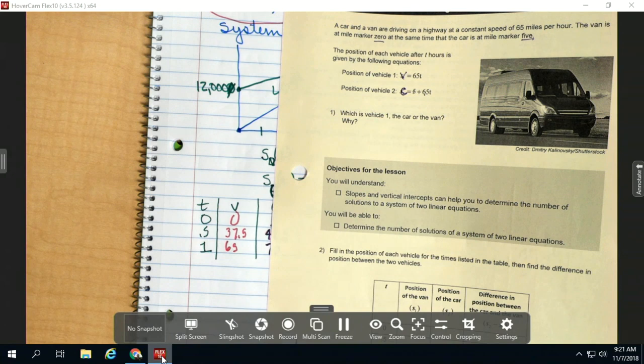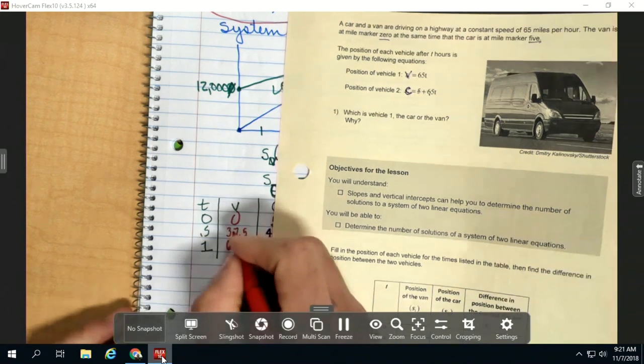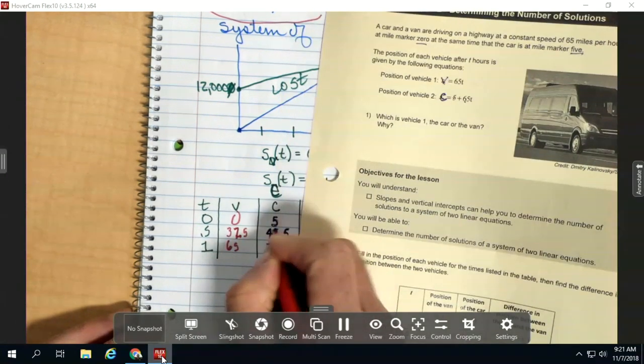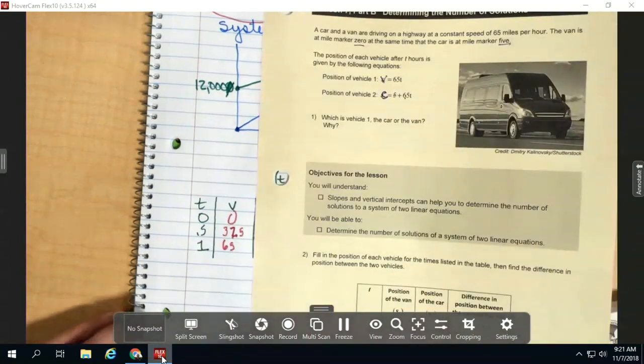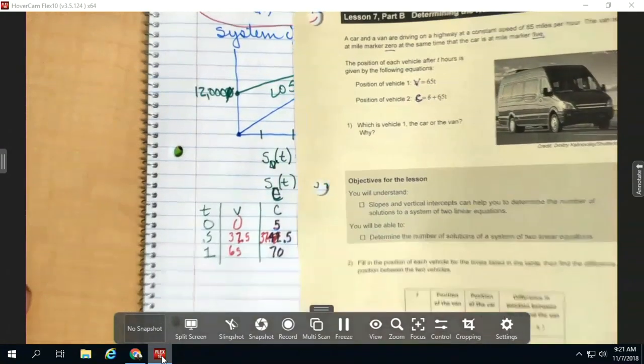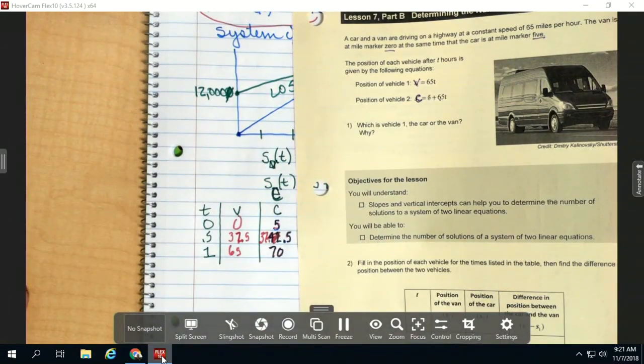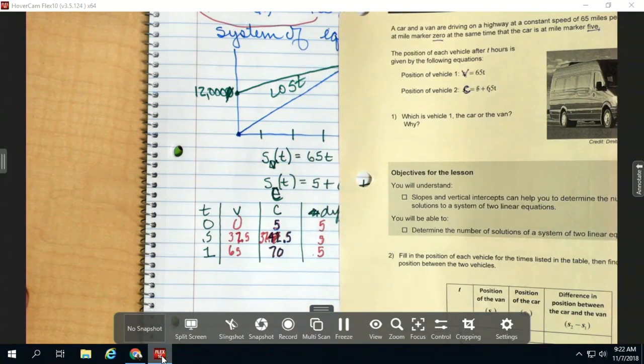That is supposed to be a 2. So this should be 37.5. Okay. 0, 32.5, 65. What did you get for the car? 5, 37.5, 70. What did you get for a difference? All 5s. All 5s. Next page.